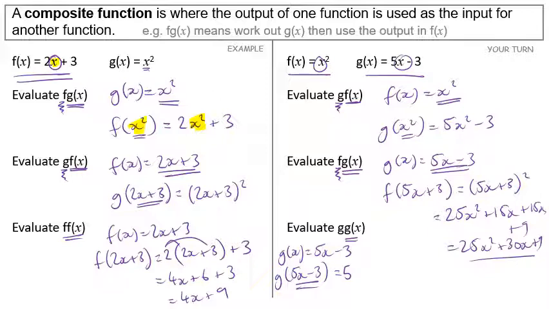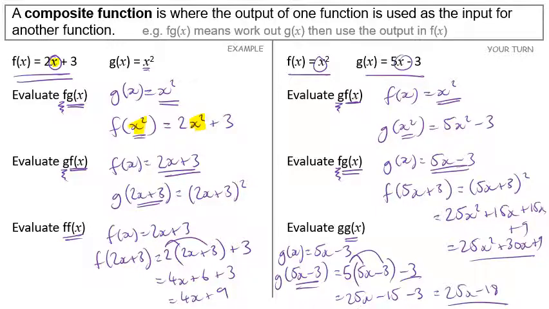So we'll have 5 times open brackets, 5x minus 3, close brackets, minus 3. We'll expand these out, so 5 times 5x, 5 times negative 3, take away 3, and tidying that up gives us 25x, take away 18.